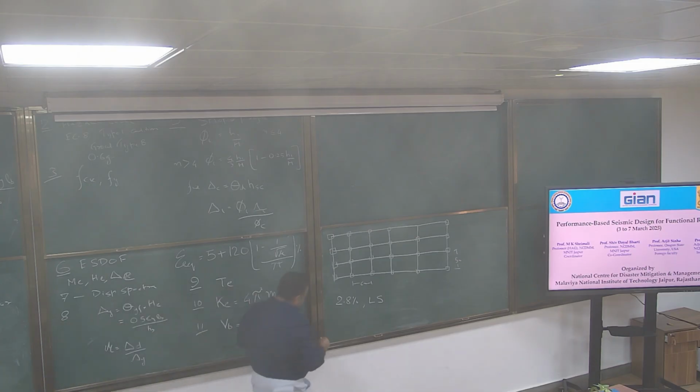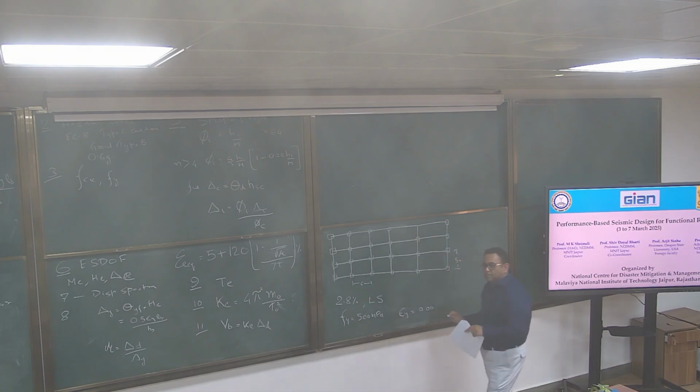And we'll say our grade of steel is 500 MPa, so our strain in steel is 0.00025.